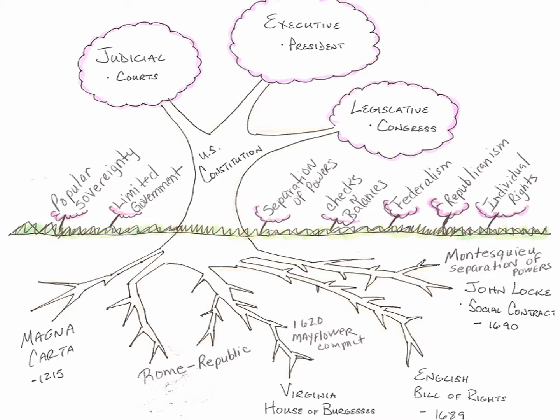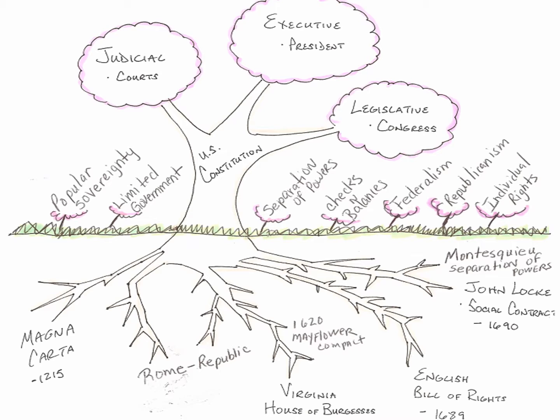We have popular sovereignty. That means that we, the people, have the right. We have limited government. That means that the government has to abide by rules, and the rules that are set in the U.S. Constitution. We have separation of powers, what we just talked about. We have checks and balances. I just gave you an example about that. We have federalism, which is the 10th Amendment, guys. Remember that. Republicanism, what does that mean?